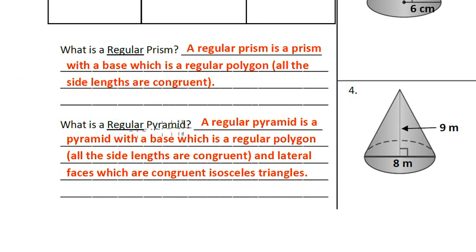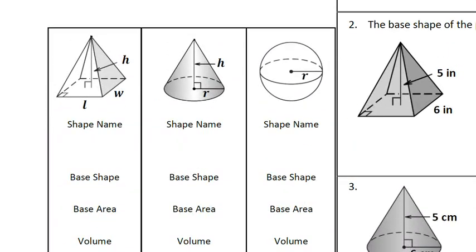Alright, so what's a regular pyramid? Well, a regular pyramid is a pyramid that has a base which is a regular polygon, just like a regular prism. So if you look at your pyramid, if the base of this pyramid has all sides congruent, in this case that makes it a square, this would be called a regular pyramid. You could also have a base that was an equilateral triangle.